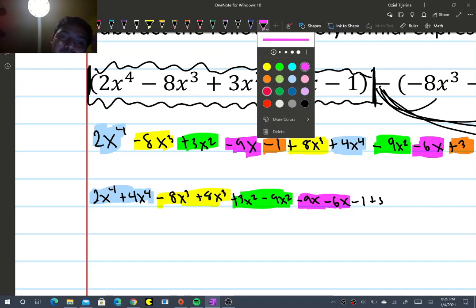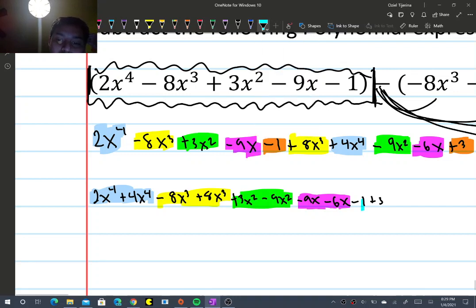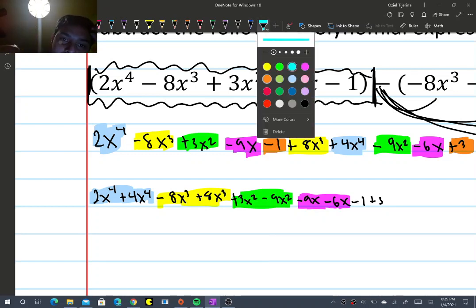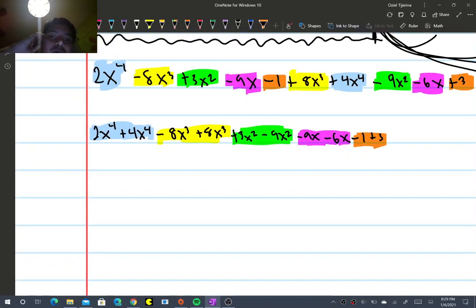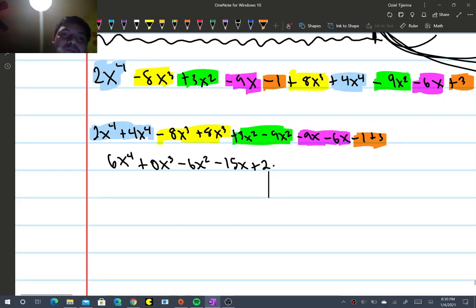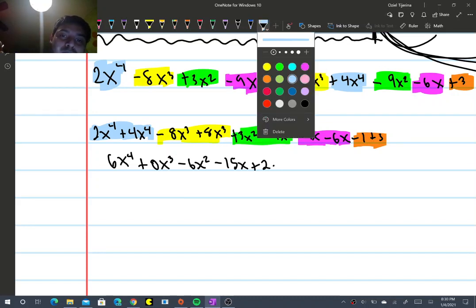Okay, so now, this was orange actually. So now, all you have to do is combine. So this would be 6x to the 4th. This would be plus 0x cubed. And then, give me a second, guys. Okay, so one thing to notice here is that I combined my terms.